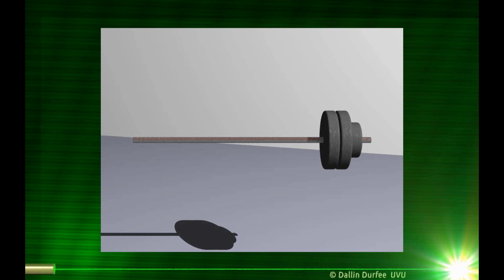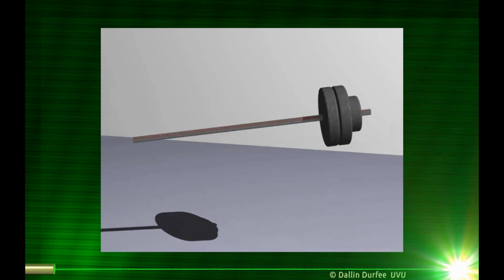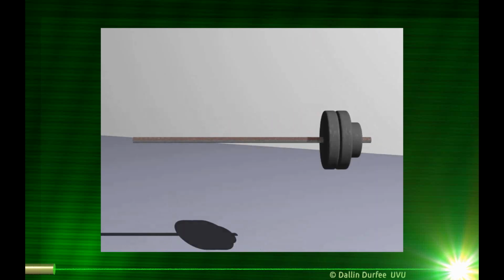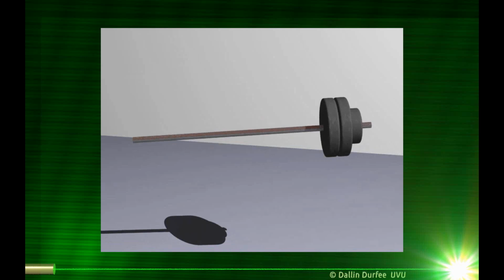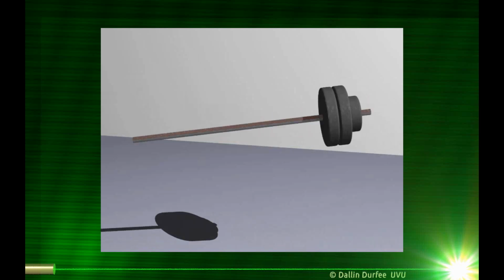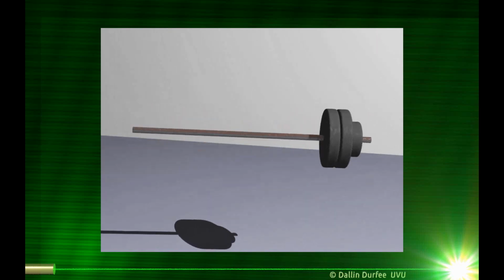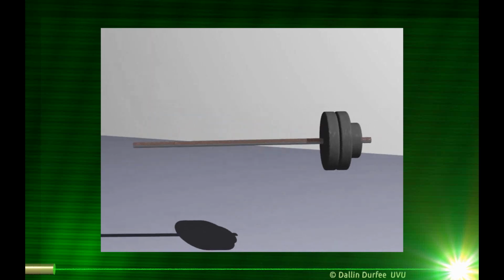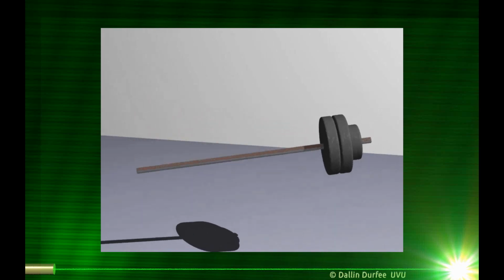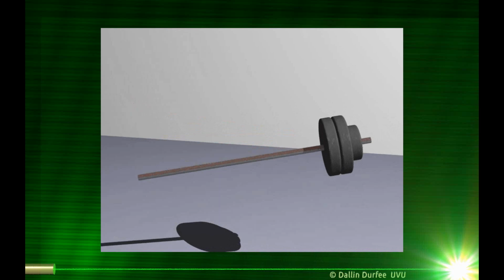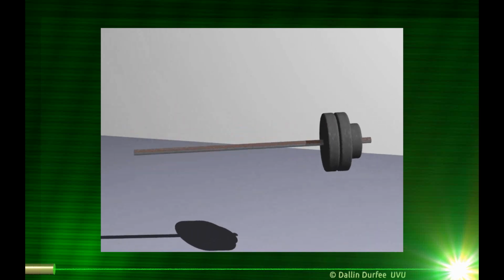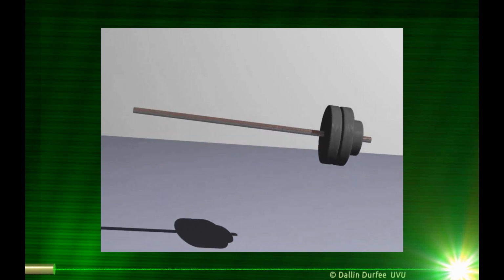Now let's look at this. Imagine you take off half of the weights and you grab one end of the barbell and start swinging it up and down. How much effort does it take to do this compared to swinging it about the opposite side like this? Probably your intuition is telling you that this would be easier to do than swinging it about the other end, right? Swinging on the side with the weights is harder than swinging about an axis on the opposite side from the weights.